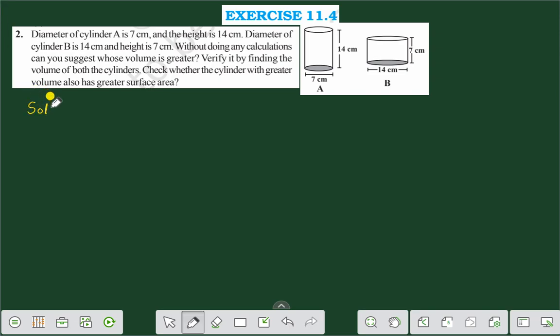We know that the volume of a cylinder is equal to pi r square h, pi r square into h.